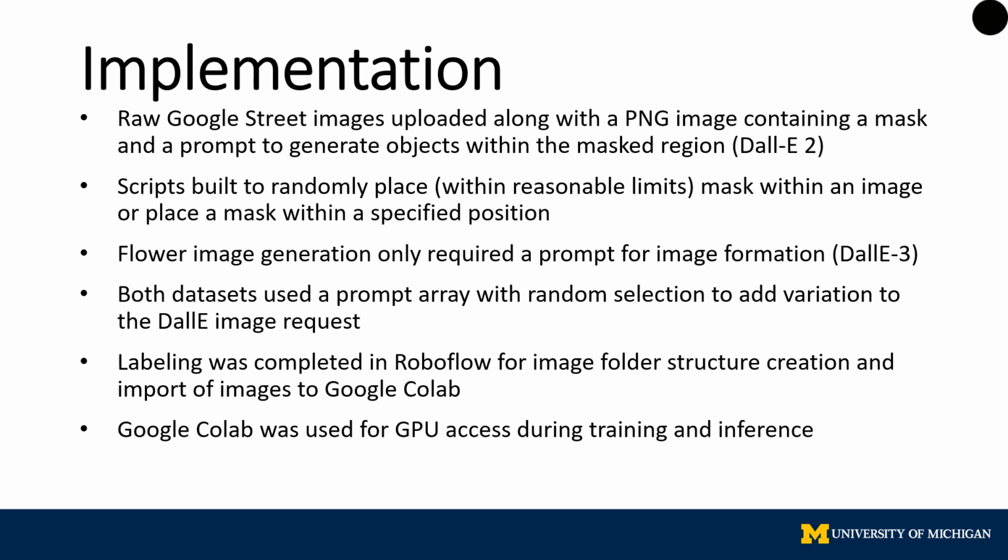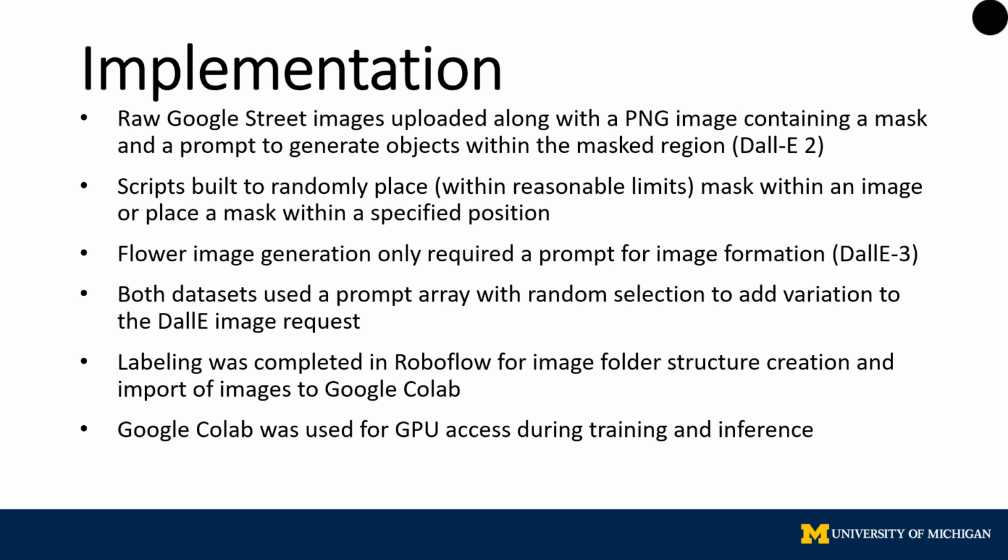And in addition, it just didn't make sense within the Street View's field of view to have a massive stop sign. There was also a script where you could pass an exact location, but doing so for every single image would take quite a bit of effort to generate those images.